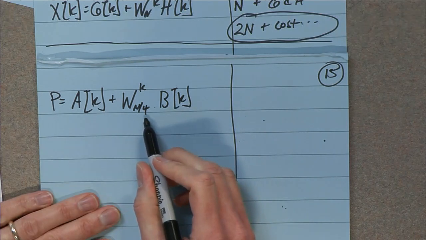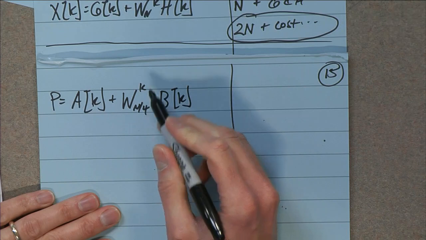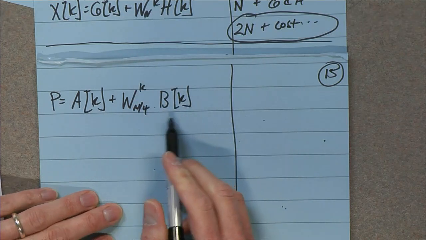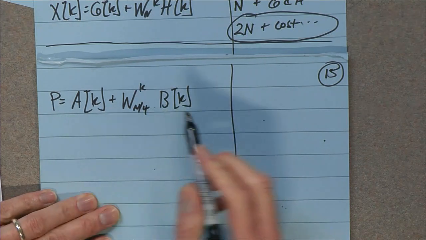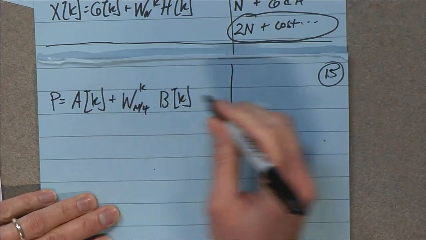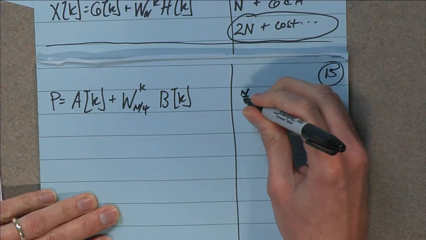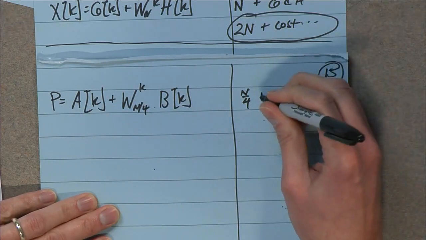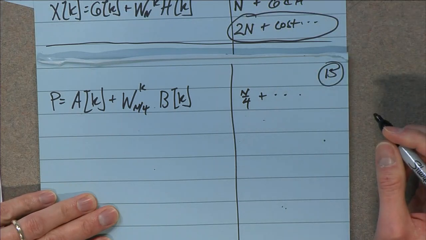So this is going to be what? How many? If we took P and broke it into these two sequences, P is an n over 4 point sequence, these guys are n over 8. So to glue it back together is n over 4, plus the cost of this other stuff.